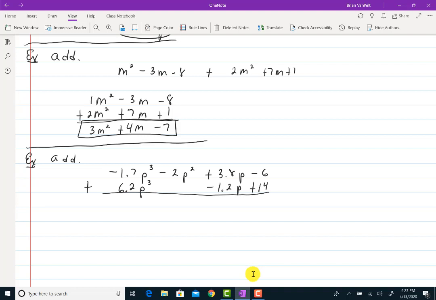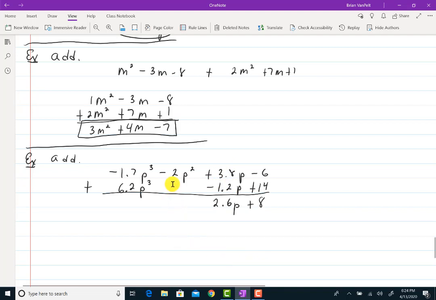Well, the good thing about these polynomials is you don't have to worry about carryover. There's no such thing in these. So I just go column by column, and whatever number I get, I get. So negative 6 plus 14 gives me an 8. And then 3.8 minus 1.2 is 2.6. So that'll give me a 2.6p in that spot.